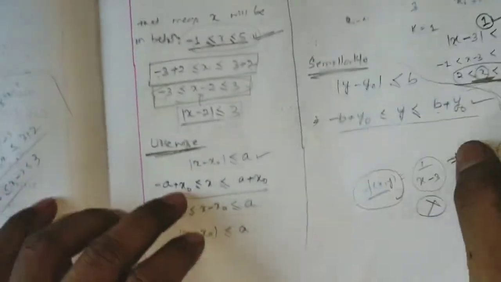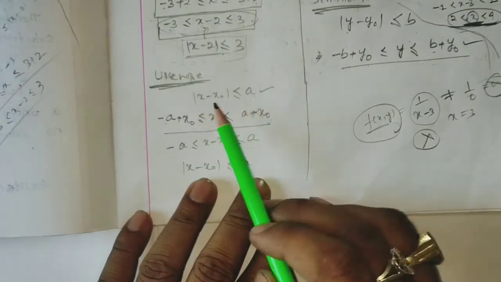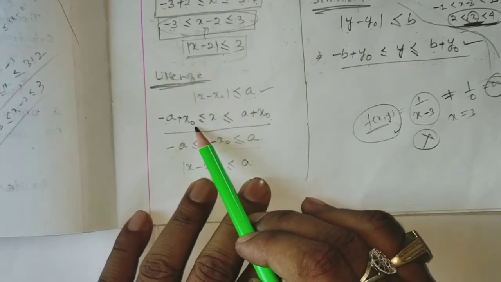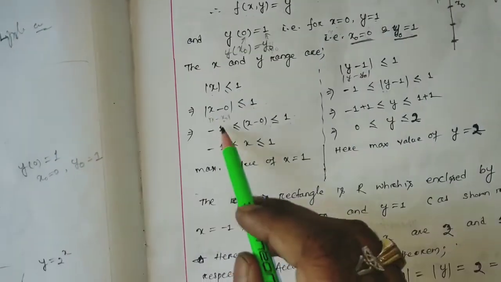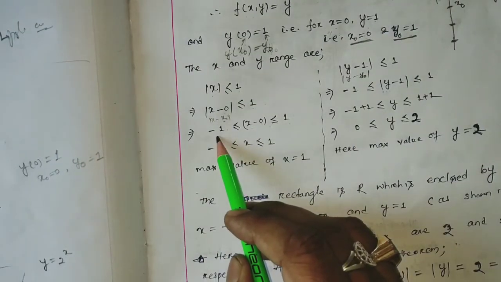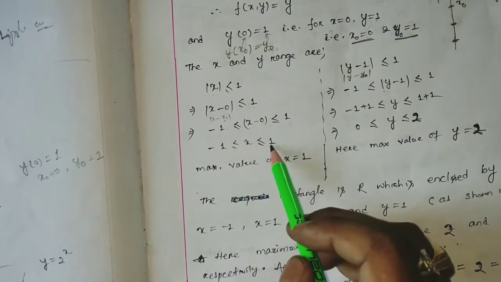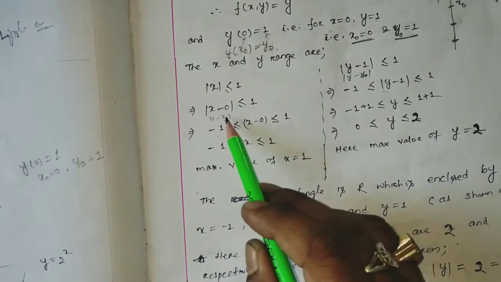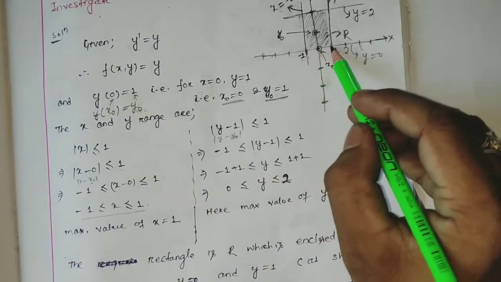This is the format I am telling you. If |x − x0| less than a, this will be −a + x0 to +a + x0. Here a is 1, so −1 + 0 up to 1 + 0. So the x range will be −1 to +1.